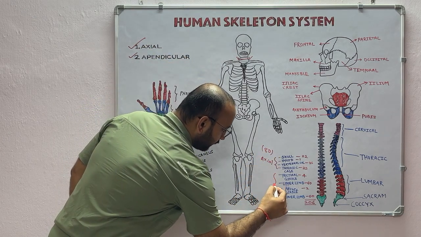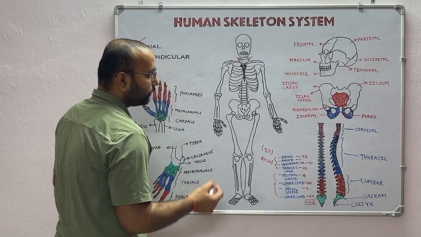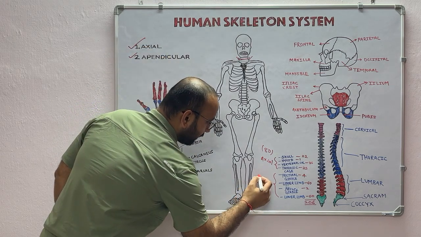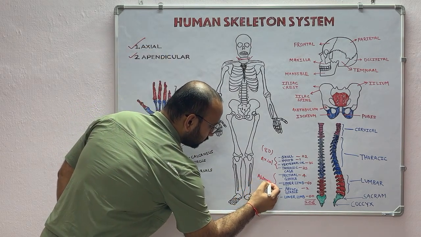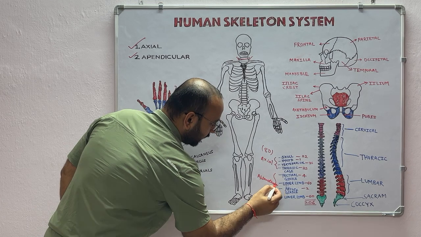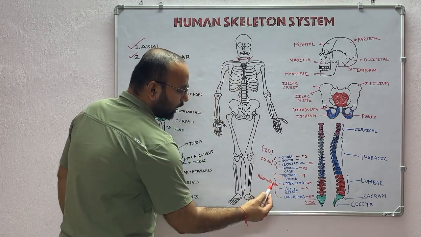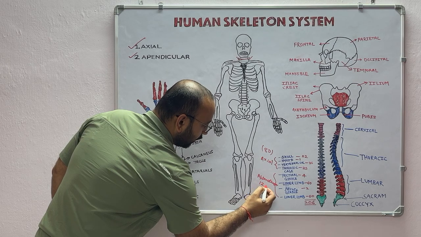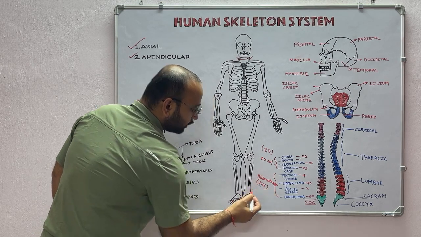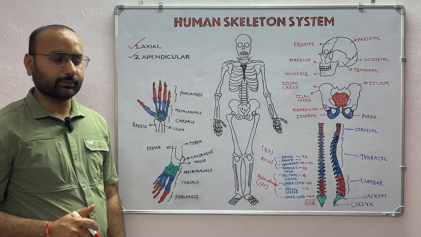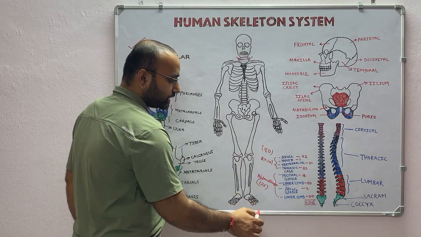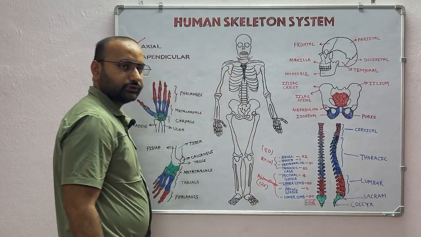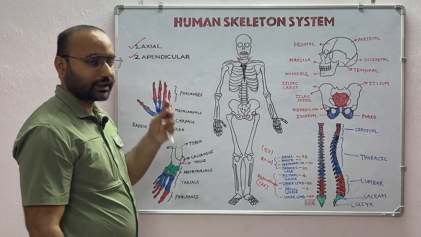Then you have the other four parts of the human skeletal system that form the appendicular skeleton. These are the pectoral girdle, upper limbs, pelvic girdle and lower limbs. If you count the number of bones in the appendicular skeleton, there are 126. So if you add 80 and 126, then 206 bones in total are a part of the human skeletal system.